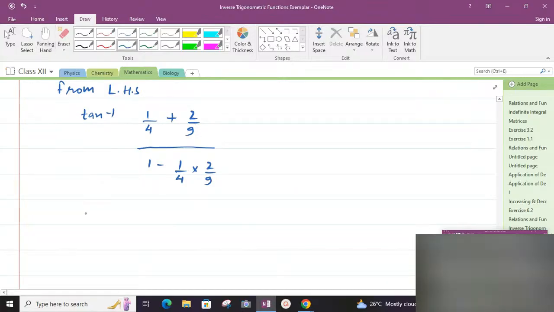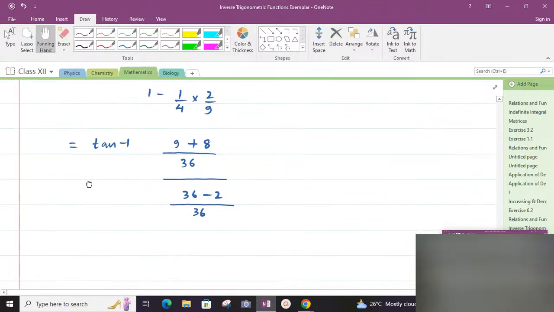So the next step will be tan inverse, and the LCM of 4 and 9 is 36, and here 9 plus 8, over the multiplication, which will be 36, so the LCM will be 36, and here 36 minus 2. Hope there is no problem understanding up to this step.